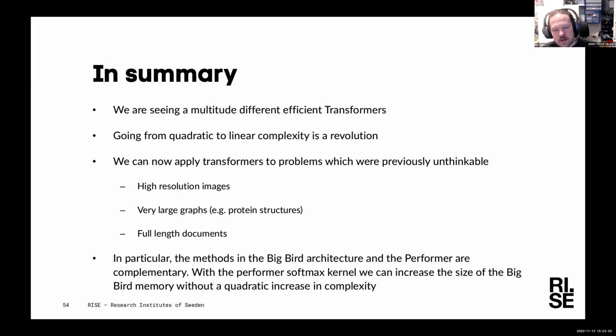So actually being able to have a really large fixed memory in Big Bird, but still have a decent computational complexity. That's really one of the areas I think will be really interesting going forwards, in the coming couple of months. So the progress here is staggering. Most of the examples are from this year.